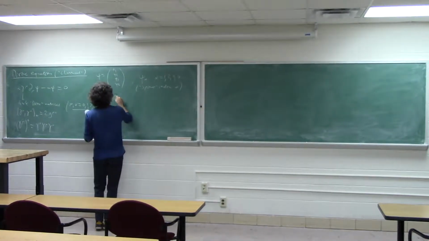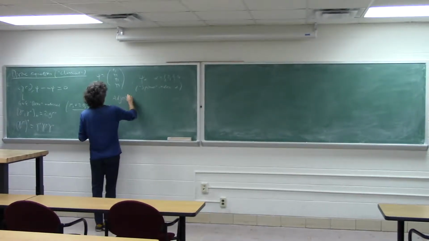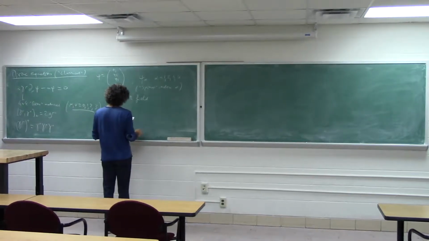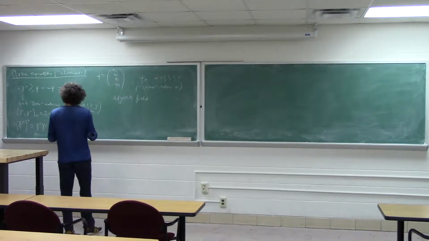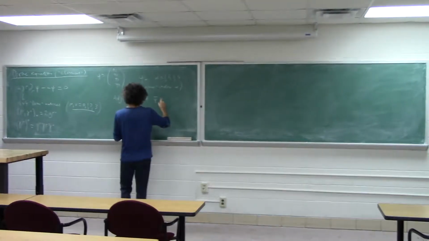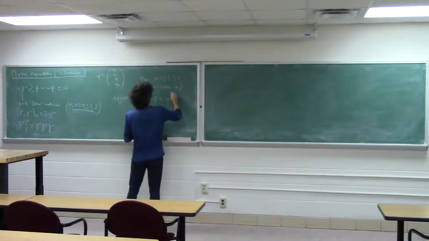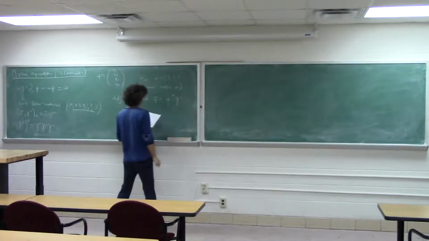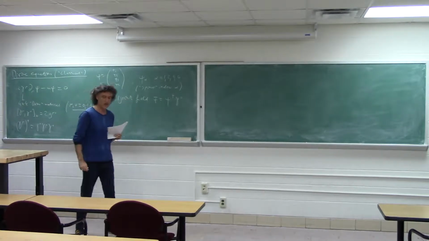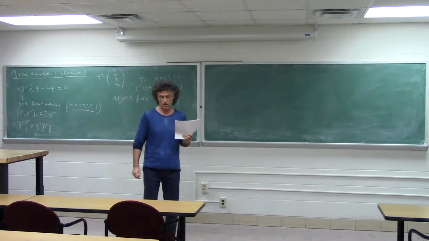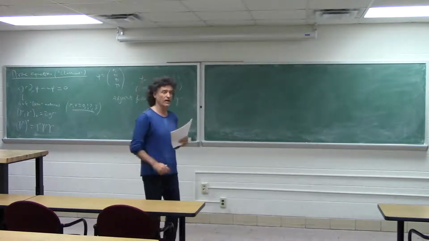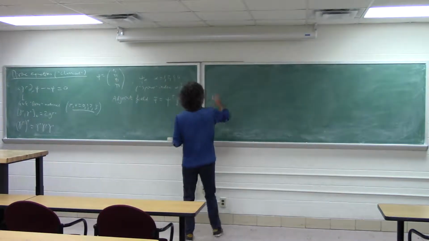Then, of course, there is the adjoint field, which is defined to be psi dagger gamma 0. So remember here that we're just working at a classical level, where psi is a 4-component column vector with complex entries.